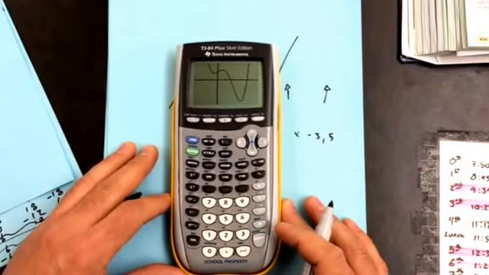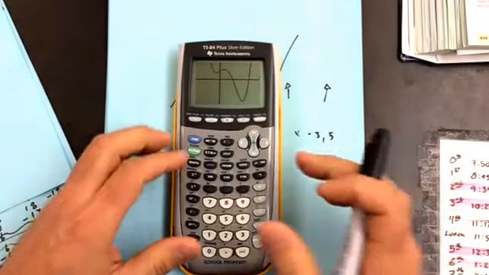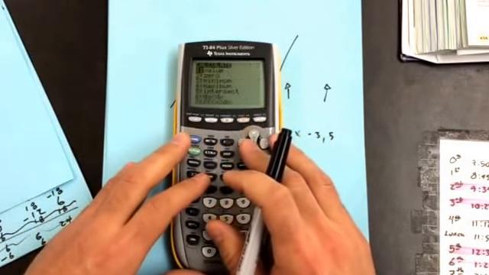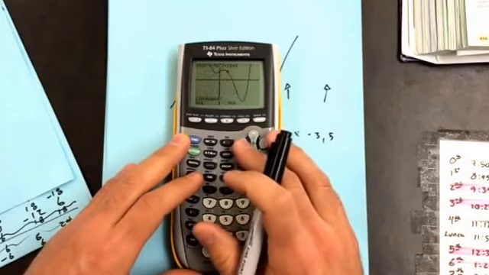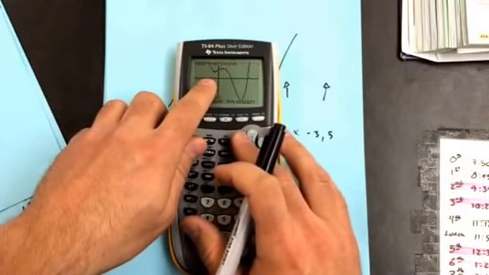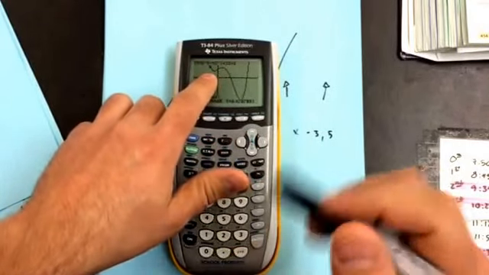So now I want to calculate the local minimum and maximum. In order to do that, you're going to go to the calculate menu, which is second trace. We'll do minimums first. You need to make this little, I call it a spider, I don't know what it's called, this little thing, to the left of the lowest point.